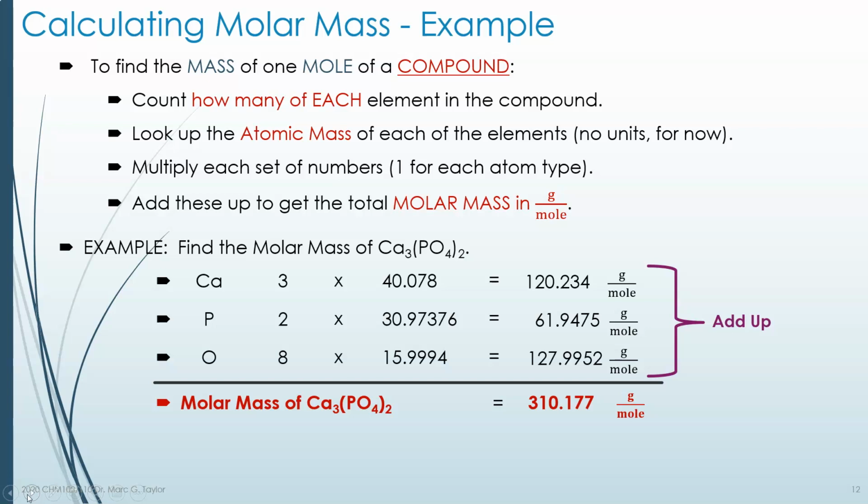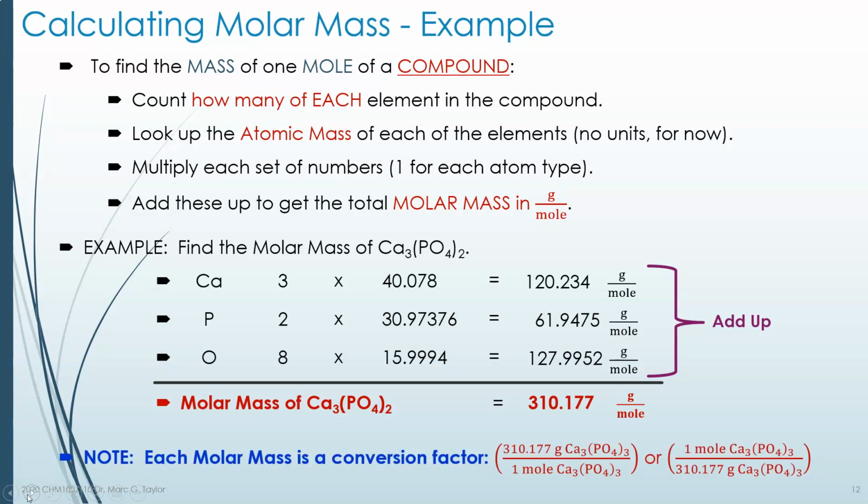And what this tells you is if you had a mole of calcium phosphate, in other words, you had 6.022 times 10 to the 23 particles of calcium phosphate, then you would have 310.17 grams. 1 mole of this equals this many grams of this. And therefore, this is a conversion factor, and you can write it with the 310 on the top or the 310 grams on the bottom, because it doesn't matter. The two are equivalent to one another.